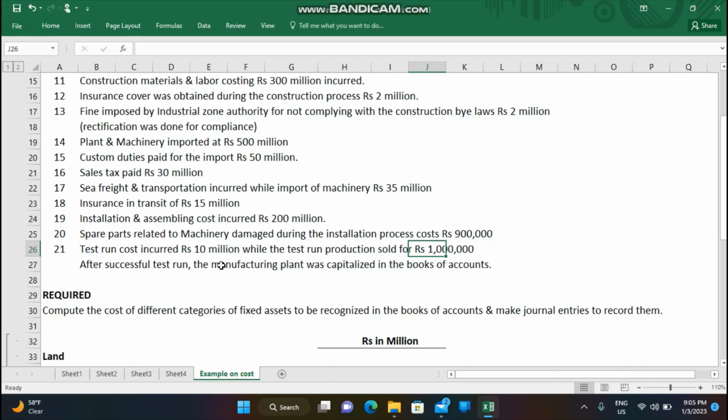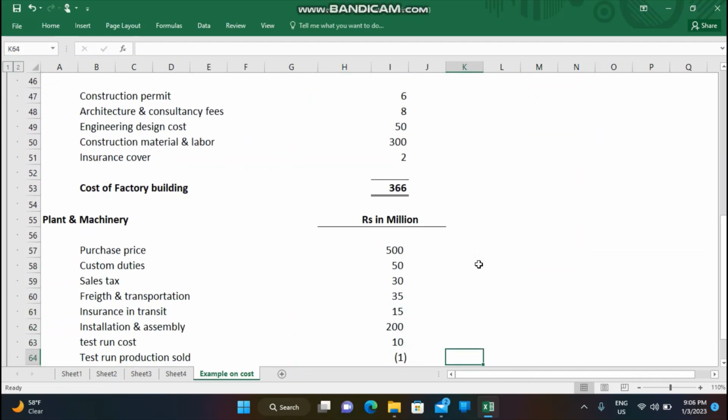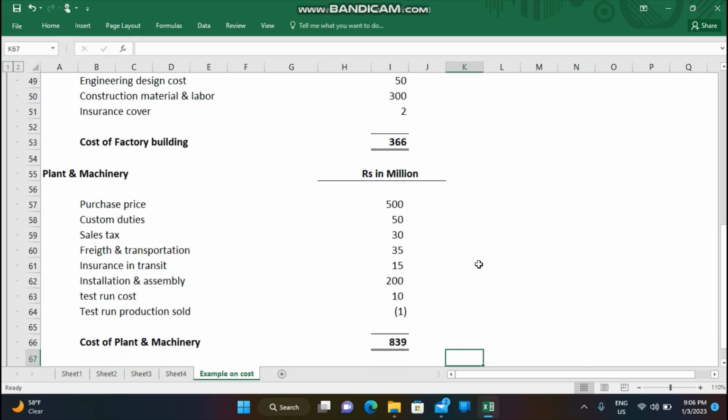After successful test run, the manufacturing plant was capitalized in the books of account. So now let's see what is the cost of plant and machinery coming out of these transactions that we just saw. Here it is, all rupees in million. First we have purchase price, then custom duties, then sales tax, freight and transportation, insurance in transit, then installation and assembly cost, then test run cost, and we deducted test run production that is sold for rupees 1 million.